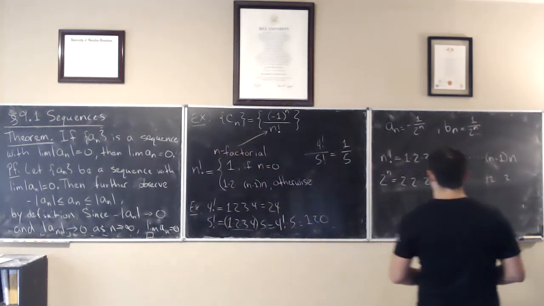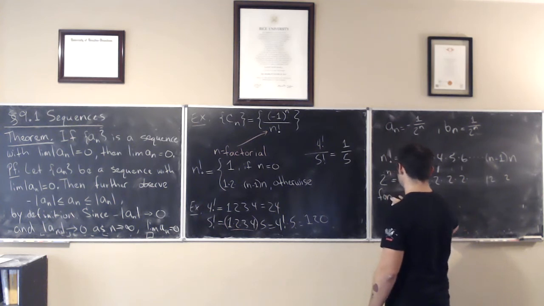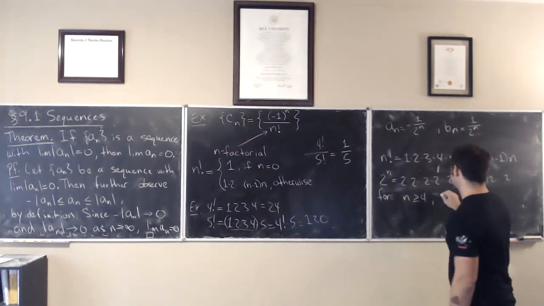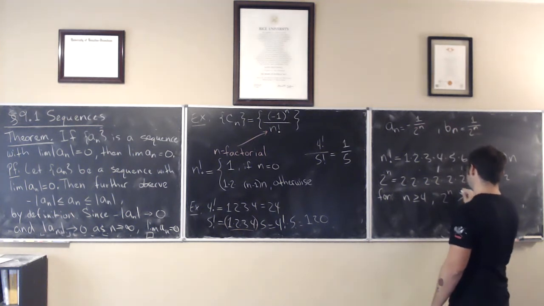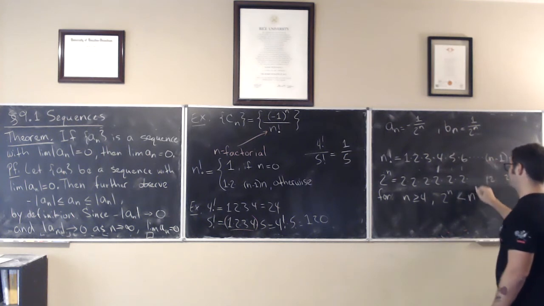So for n greater than or equal to 4, 2 to the power n is strictly less than n factorial.